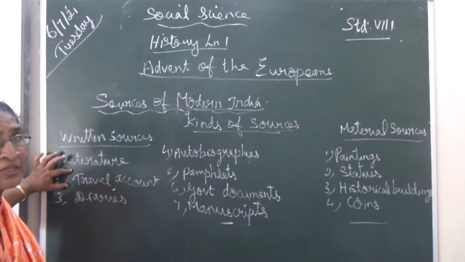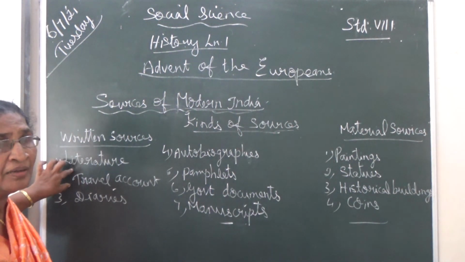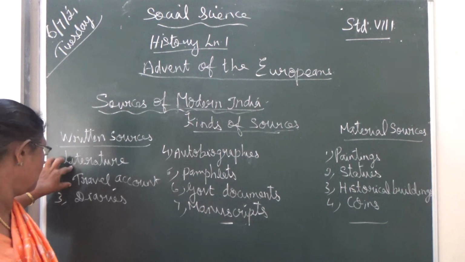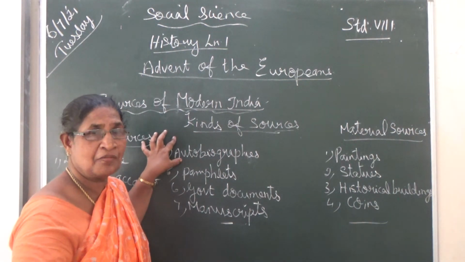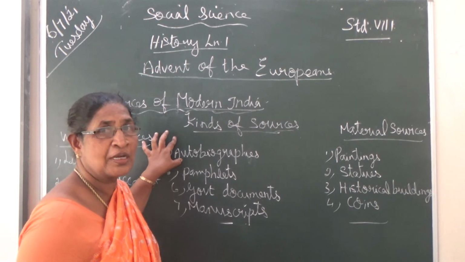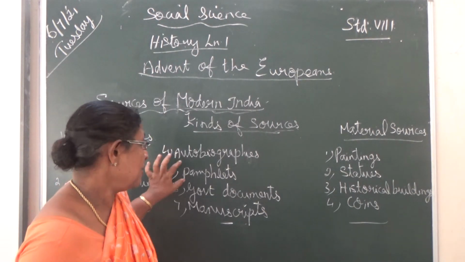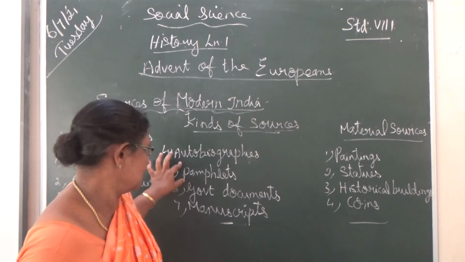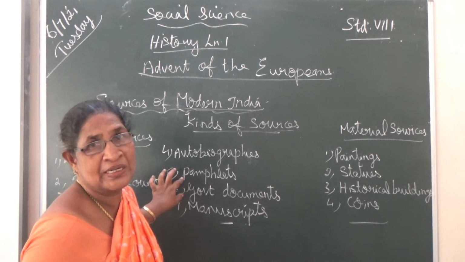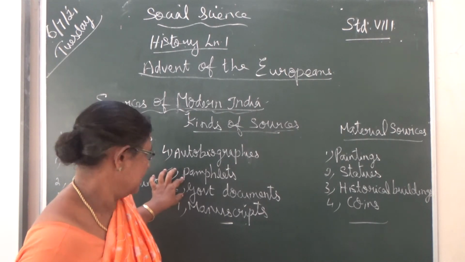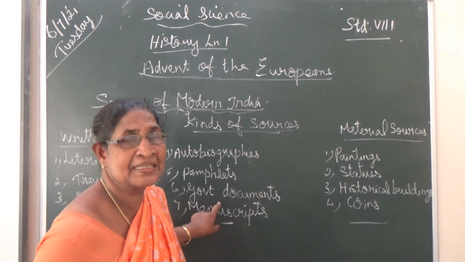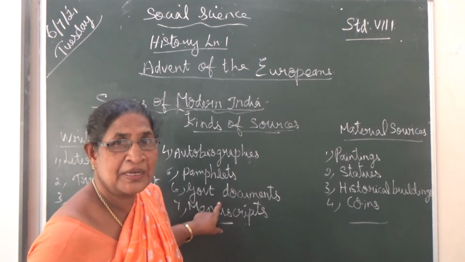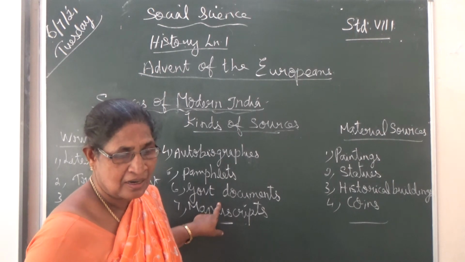Travel accounts, the foreign travelers' accounts. Diaries. Autobiography, the story of oneself. Pamphlets, small books. Government documents, written statements, and manuscripts. A manuscript means a handwritten copy.